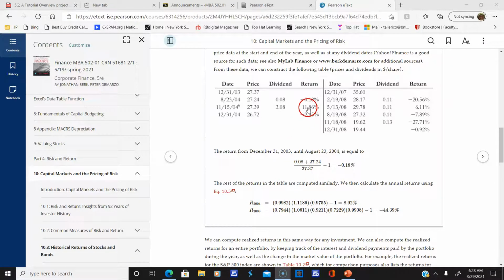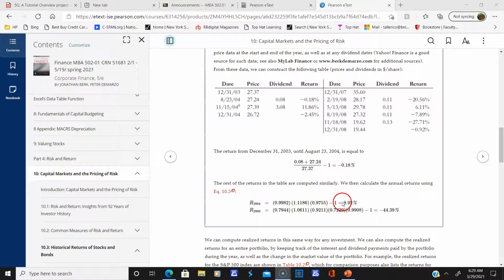All right, 1.186 and 0.9755. So you can clearly see they're adding 1 to each of these numbers. Each of these numbers is having 1 added to it, which is why this is less than 1. So you can see 1.1186, and again, this is less than 1 because this is negative.